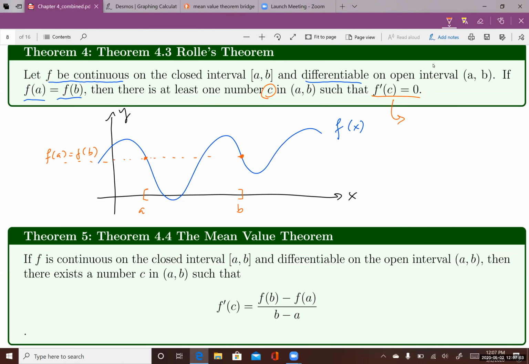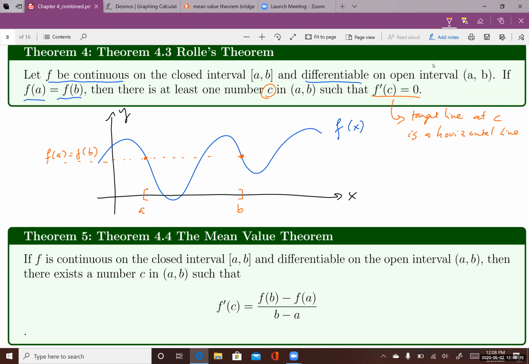What does it mean when the derivative of a function f at a point c equals 0? It means the tangent line at the point c is a horizontal line, right?